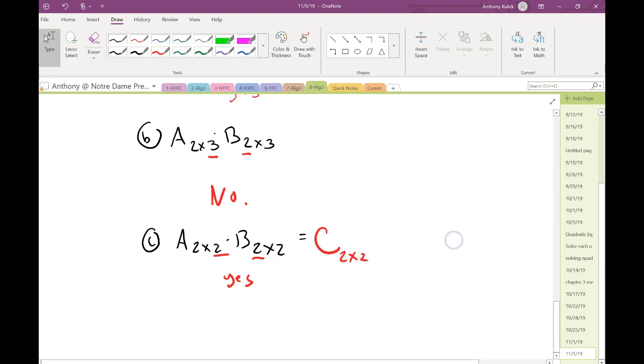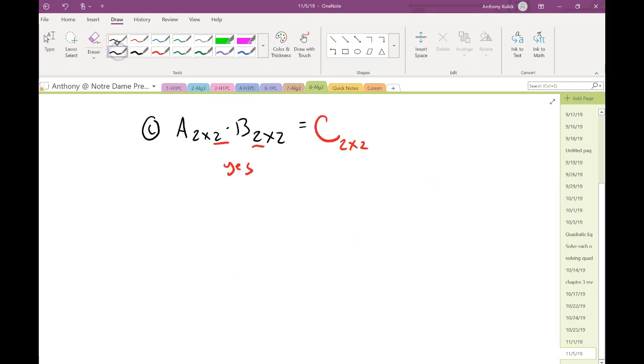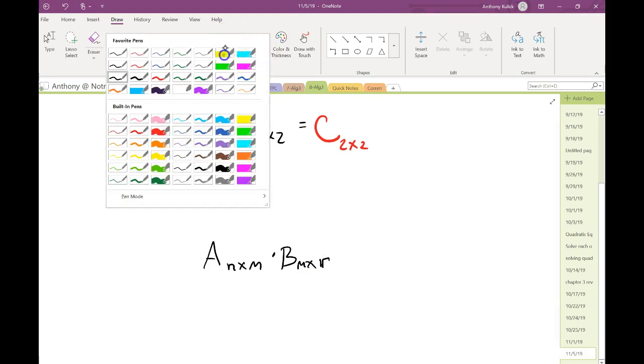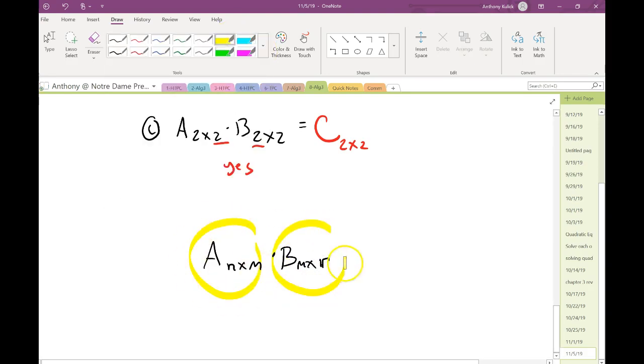The way that I like to remember it, the metaphor that I would use to describe it, is that multiplying matrices is kind of like falling in love. You can have two people, and they may look different on the outside, but really they're the same on the inside, right?